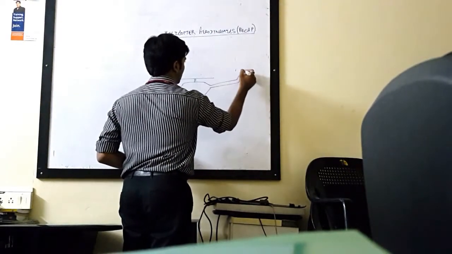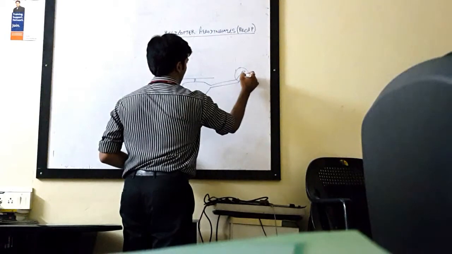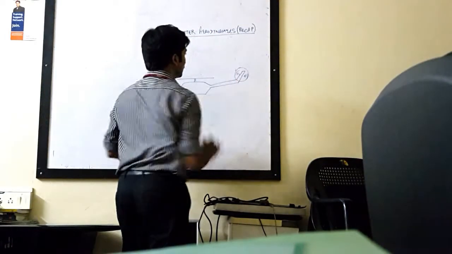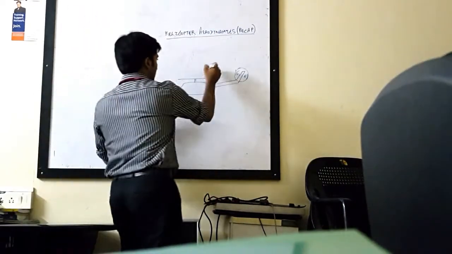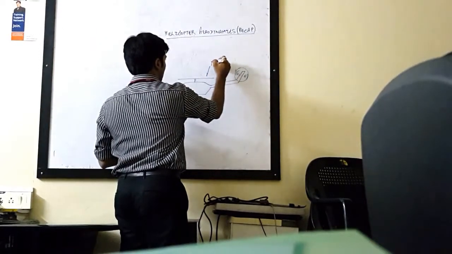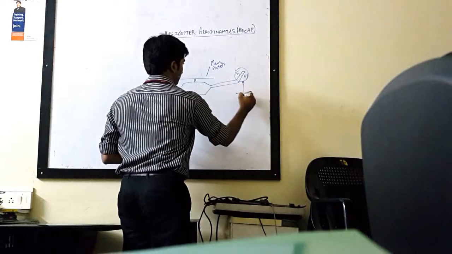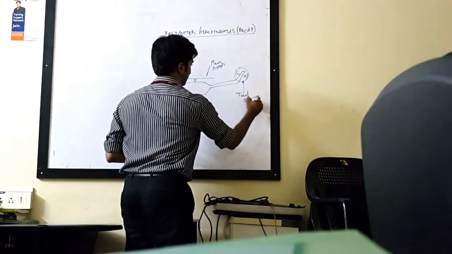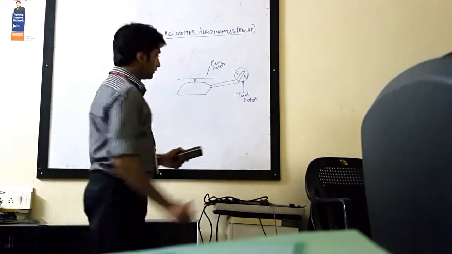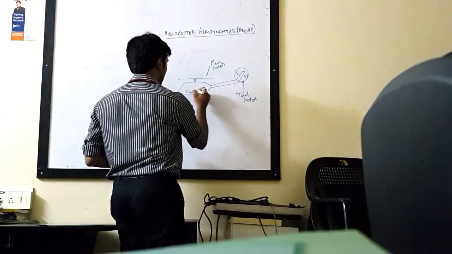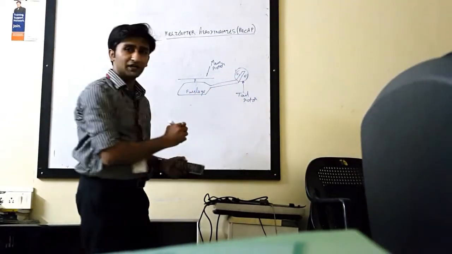Right now, a helicopter kind of looks like this. You have a main rotor and you have a tail rotor, right? This is your main rotor. This is your tail rotor, and this forms your fuselage.